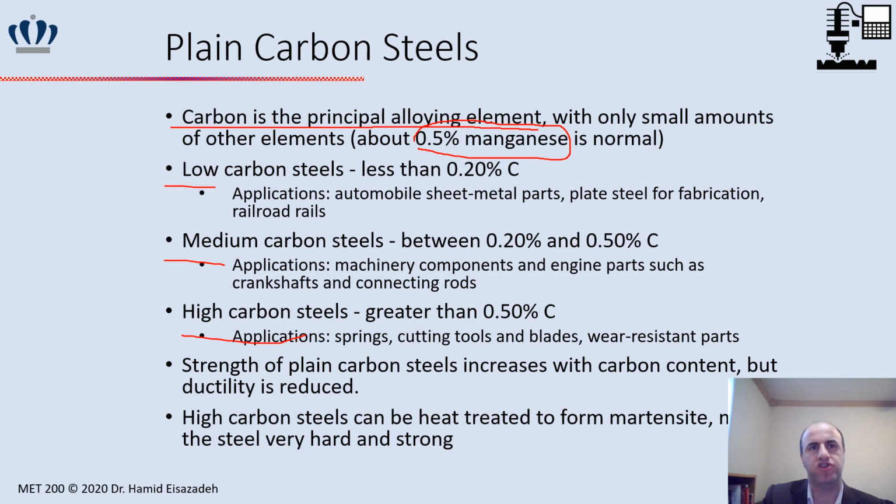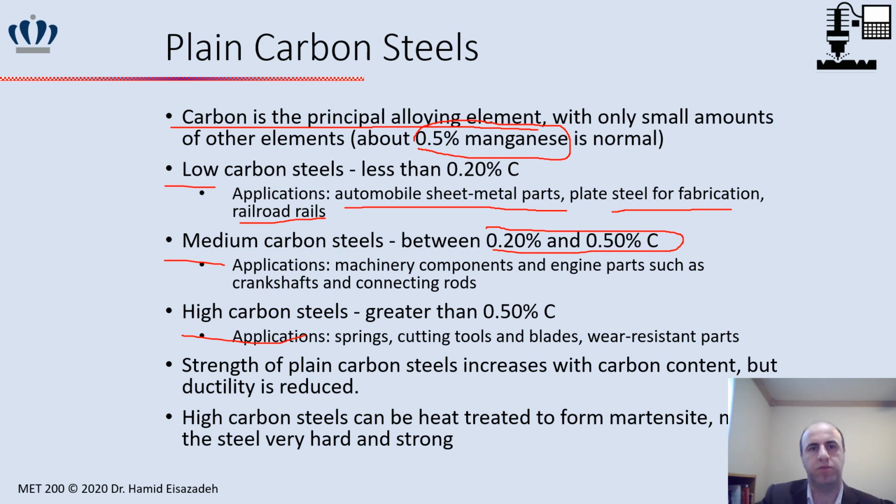The main application of low carbon steel is in automobile parts, or plate steel for fabrication, or railroad rails. And the medium carbon steel, which has this amount of carbon in it, can be used for machinery components, crankshaft, connector.